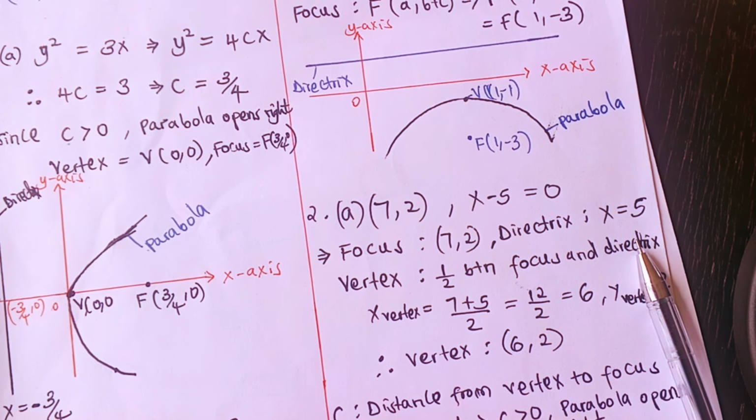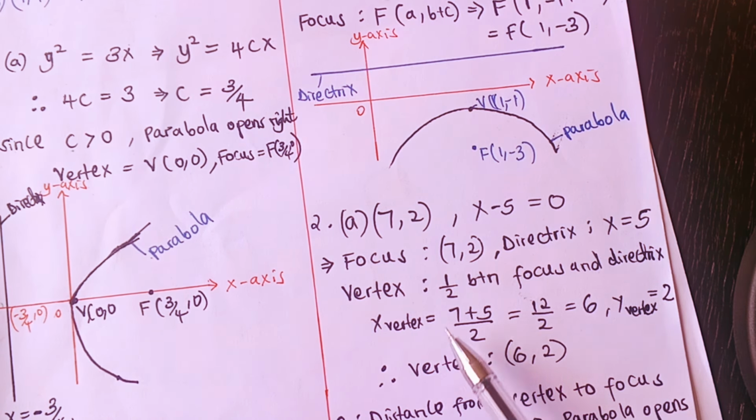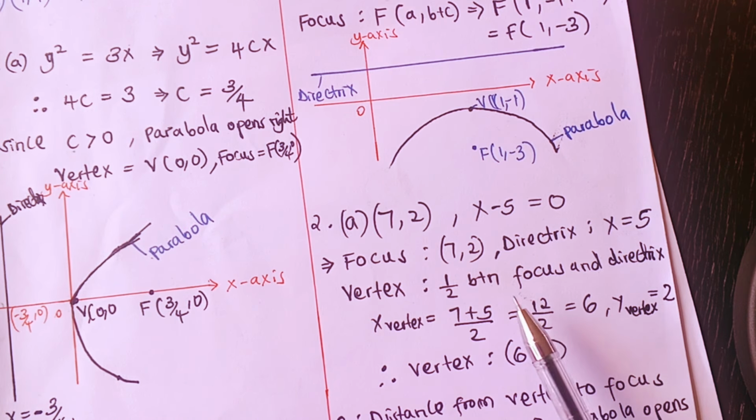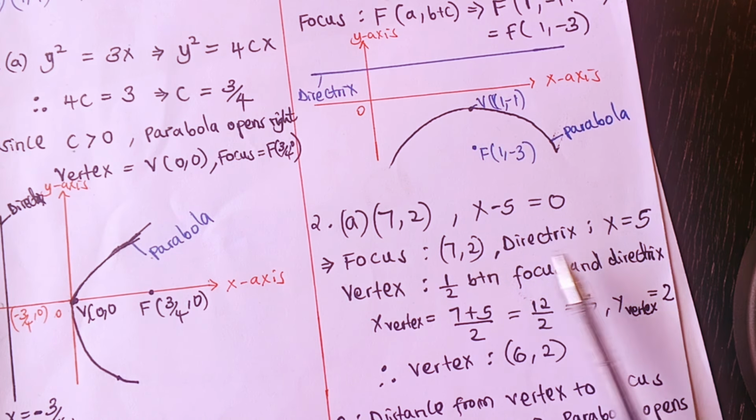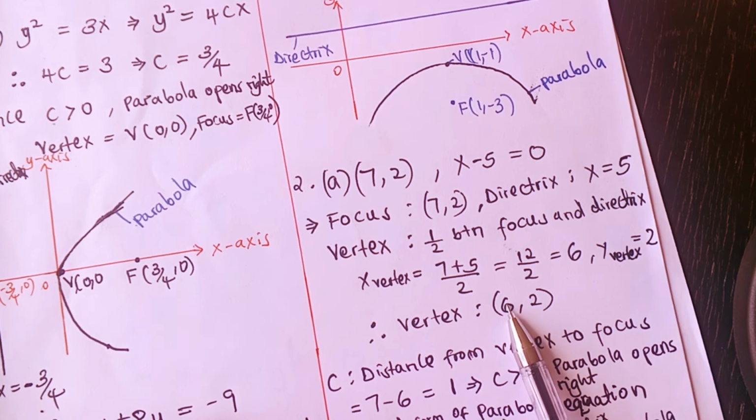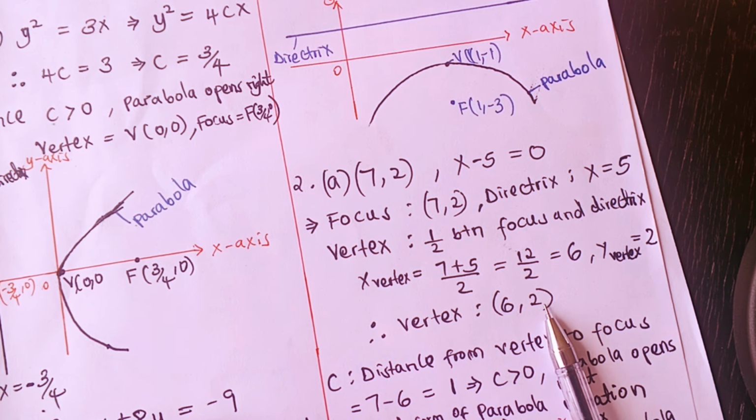I hope you understand. So we add 7 plus 5 divided by 2, which is 12 over 2, which is equal to 6. This will be the x of the vertex. And the y of the vertex will remain 2. So the vertex is (6, 2).